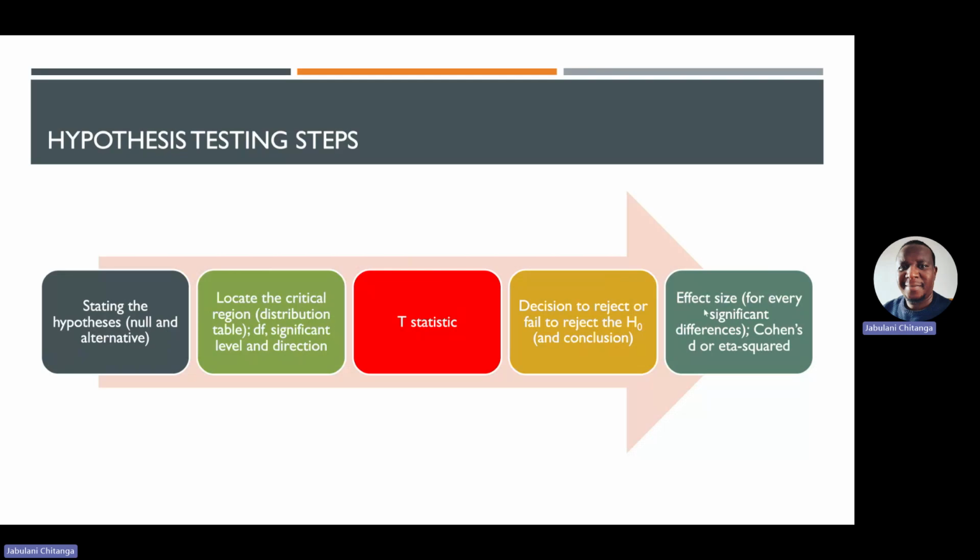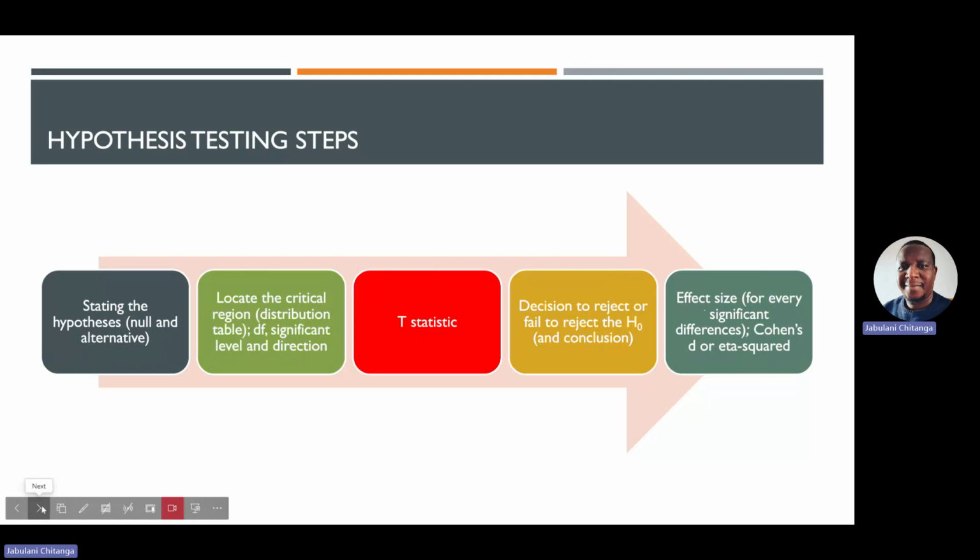And every time you have a significant difference, you proceed to calculate the effect size. In most cases, we use Cohen's d, but there's also eta squared that can be used depending on what the question is saying.